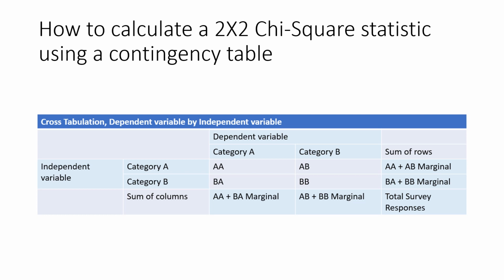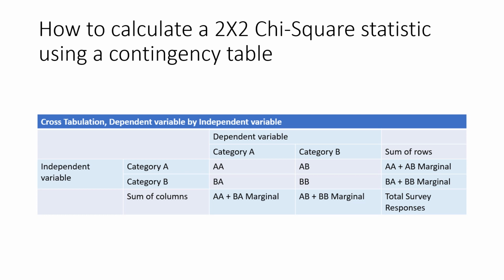Now, along the periphery, you can see the totals, the sums of the columns and the rows. So this is the outside of the box. What I want you to focus on at this point are the cells, the four key cells in the center of this table. These cells are labeled AA, AB, BA, and BB.